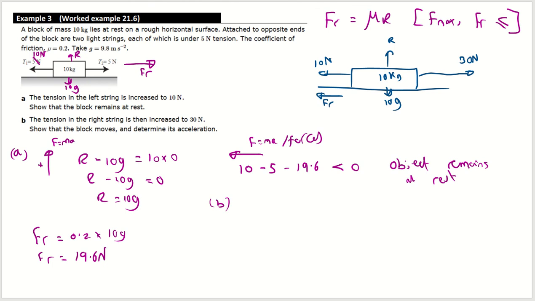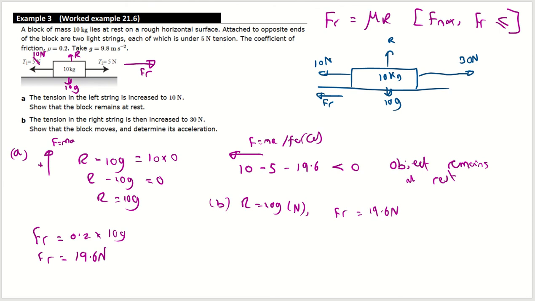Okay, so you just need to think about what might have changed and what might have stayed the same from the earlier part of the question. So first of all, if you think about the vertical forces, nothing has changed here. So R is still equal to 10g, and therefore that means this calculation of friction is still equal to 19.6. The only difference is the 19.6, I suppose that's newtons as well, is now going to the left.